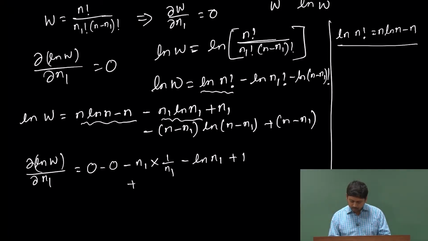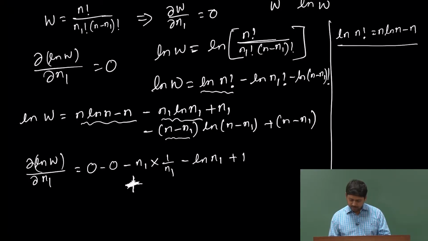Now, this quantity, this term I have a minus. Now, this minus has n minus n 1. So, first one will give me 0 and second one will give me minus 1, and minus minus will actually become plus.